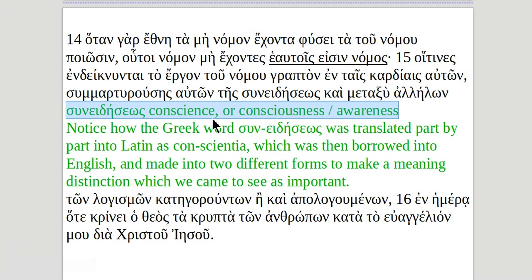So we separated out a word meaning conscious from a word that had a broader meaning in both Greek and Latin.